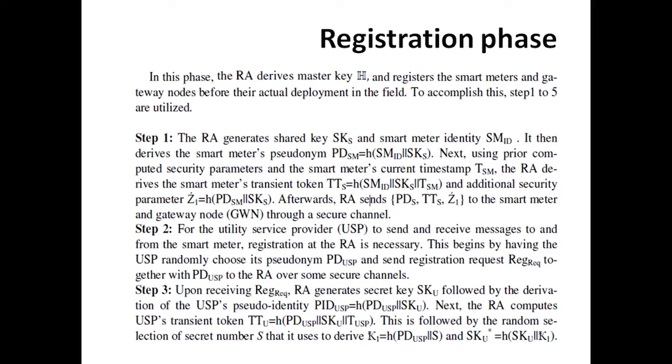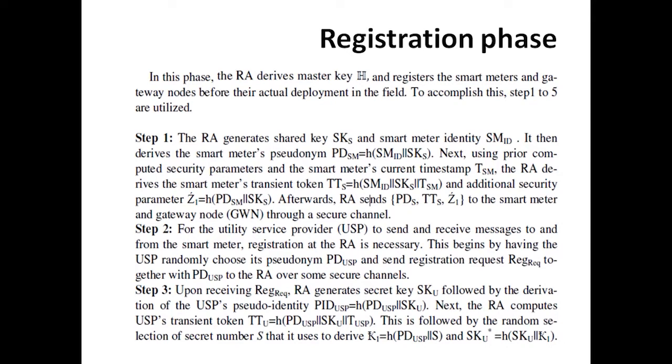During the registration phase, the process begins by having the RA derive a master key and also register all the communicating entities, which include the smart meters, the gateway node, as well as the USPs. In step one, the RA generates a shared key and a smart meter identity before deriving the smart meter pseudonyms.